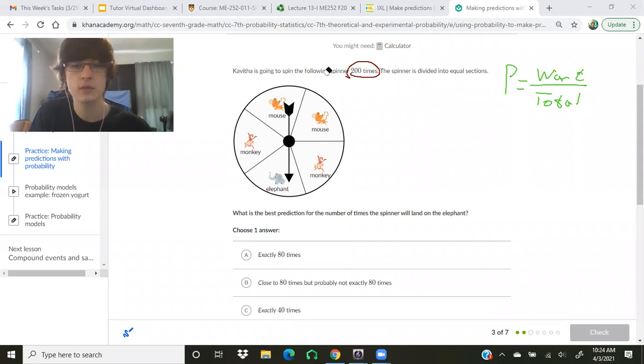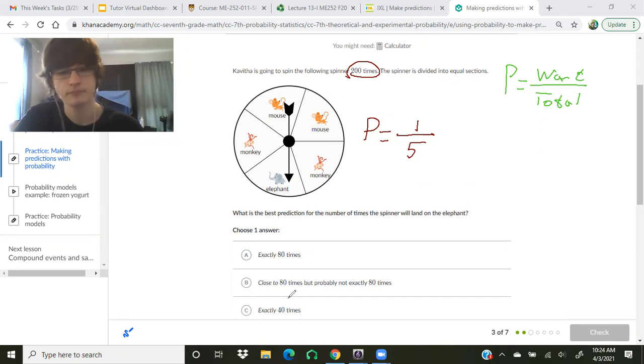So what is the probability that the spinner will land on the elephant out of 200 times? So let's write our probability fraction again. The probability that one spin will land on the elephant. There's 1 elephant, right? So our want is 1, and the total number of spots it can land on is 5. Okay?